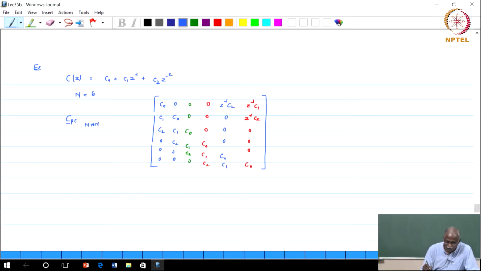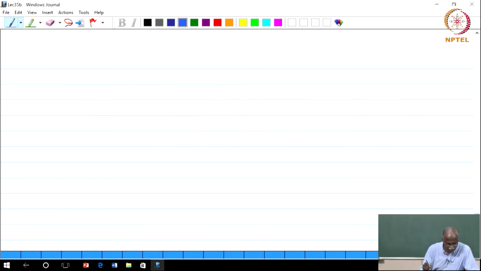Okay. So, the overall transfer function that we are trying to represent, it is an LTI system, T of z overall is the analysis filter bank S of z, CPC of z times G of z.